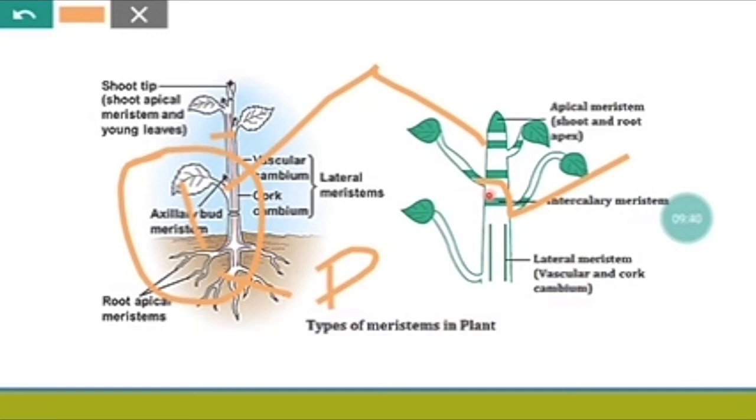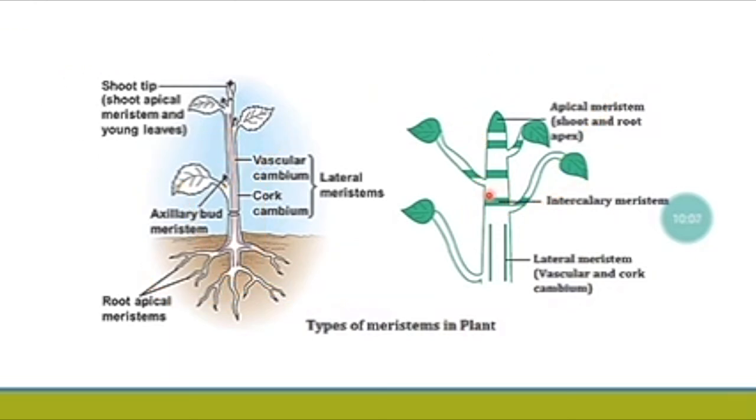One cell remains identical to the parent, like the mother cell. The other cell forms a specialized structure as part of the growing plant body. So each and every cell divides into two cells: one remains identical to the parent, and the other becomes specialized in the plant body. And next, the meristematic cells have very small and few vacuoles.